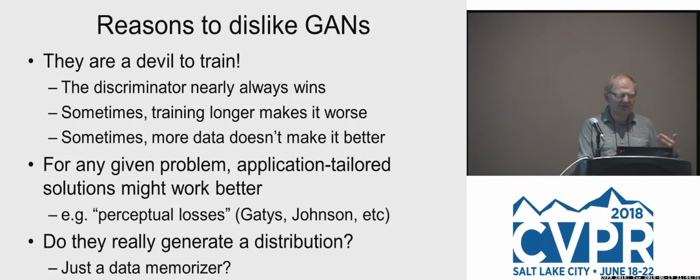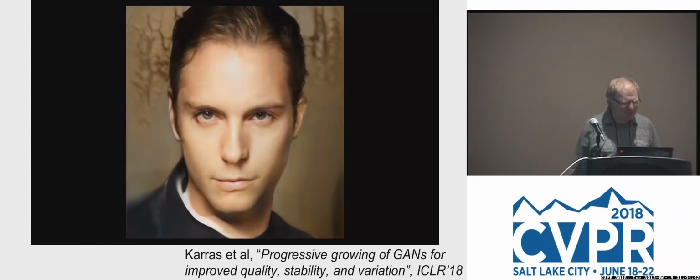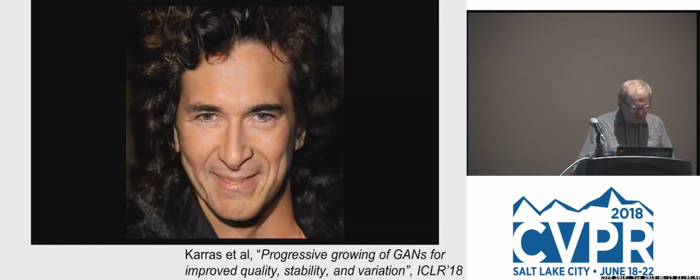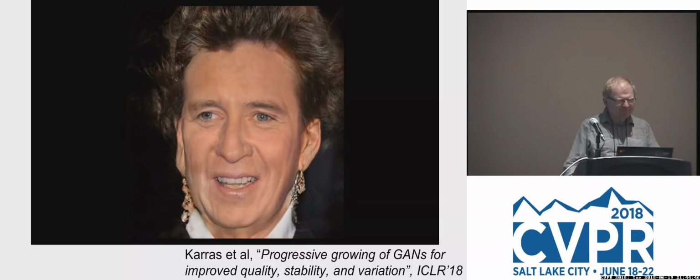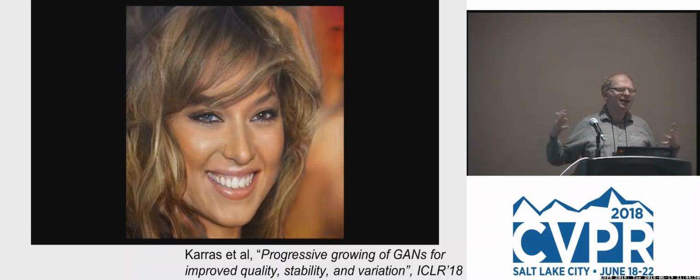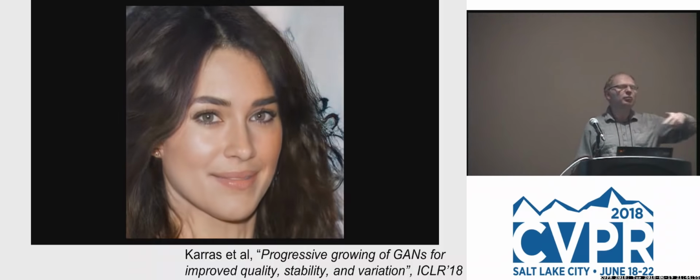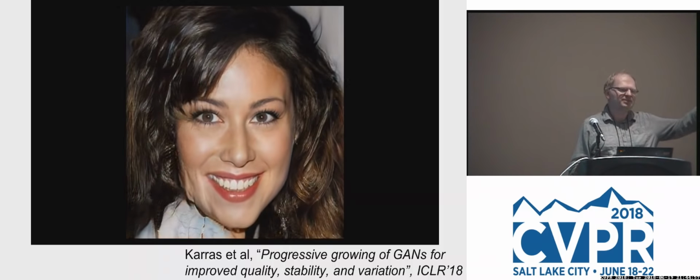The data memorizer example is very nicely illustrated in a very nice work. I'm not trying to diss this at all. This is a fantastic work from Karras et al. at ICLR this year, where they basically use the GAN to generate beautiful random faces. This is just a random walk in the feature space of faces.